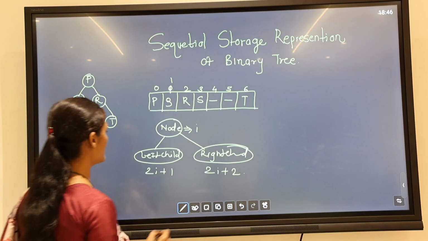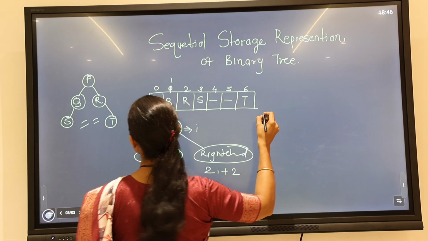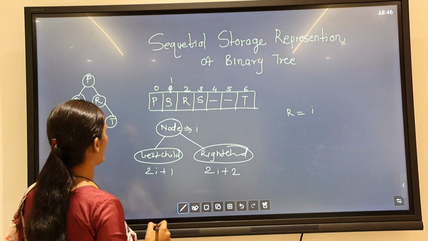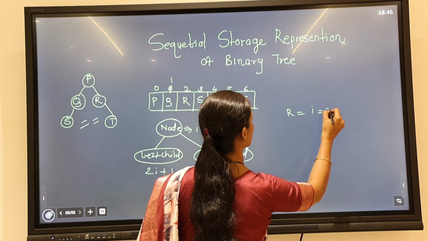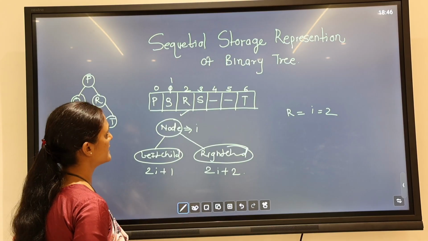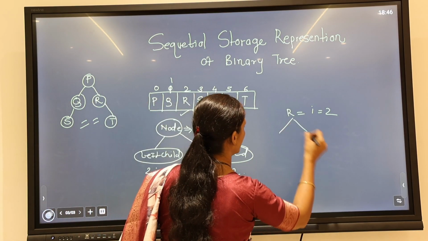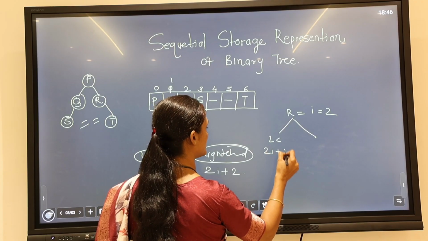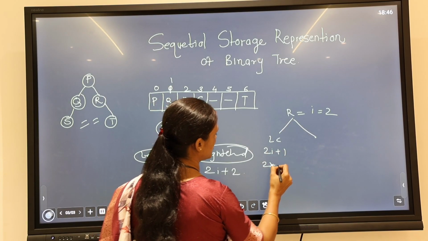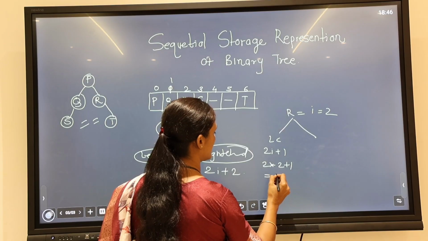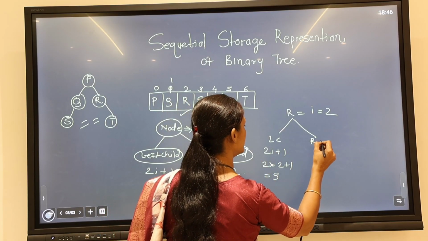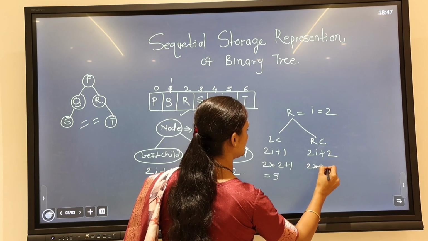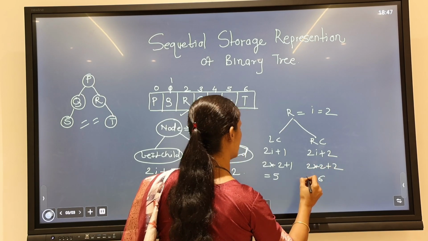Let's verify this formula. Suppose there is a node R, its index I; R has index 2. See here, R is present at index 2. So the left child of R is at 2i plus 1, that is 2 into 2 plus 1, that is 5, and its right child is at 2i plus 2, that is 2 into 2 plus 2, that is 6.